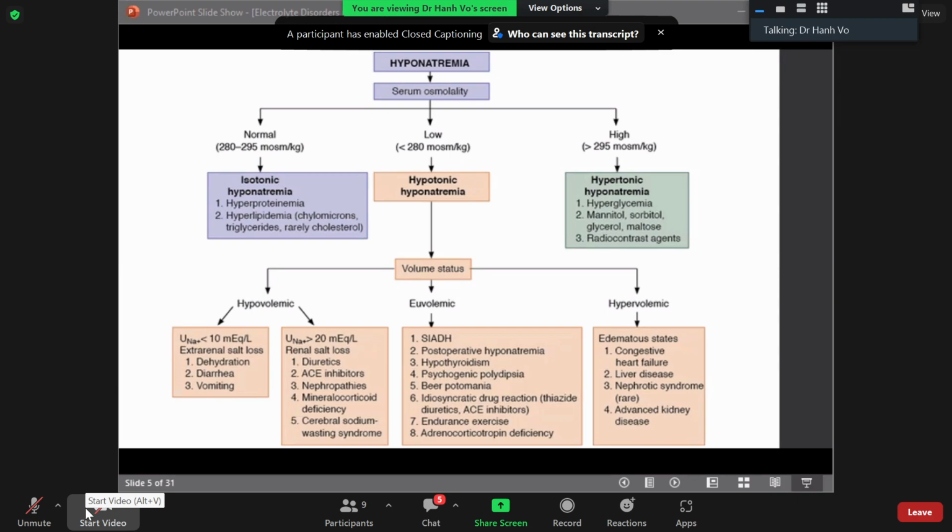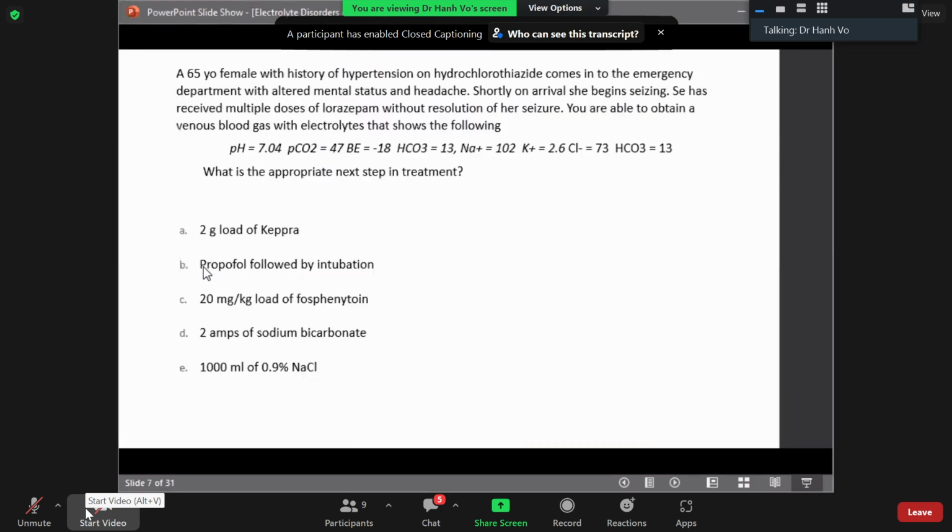The earliest thing we do after testing for hyponatremia is check the serum osmolality. According to the serum osmolality, hyponatremia can be split into three categories.